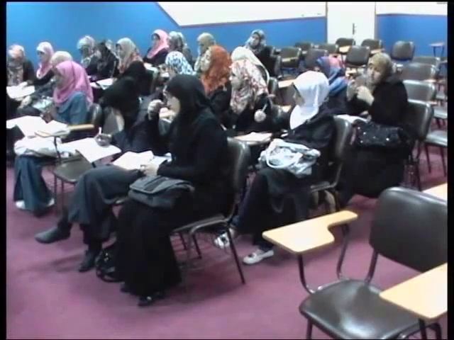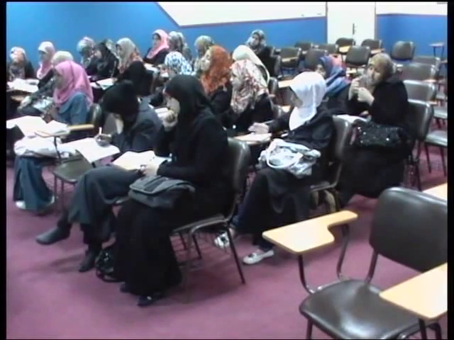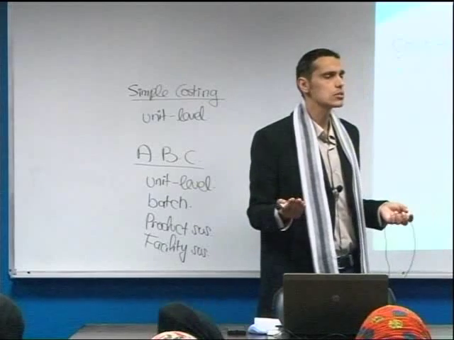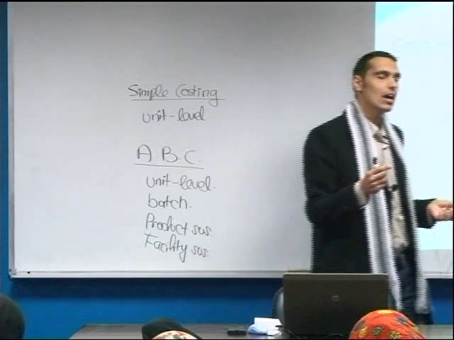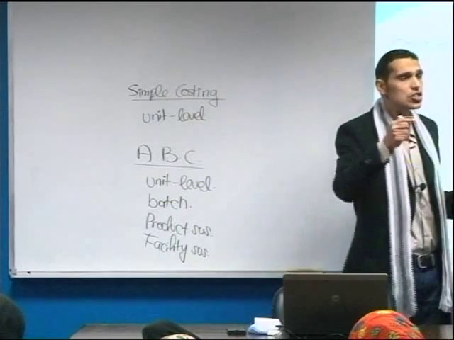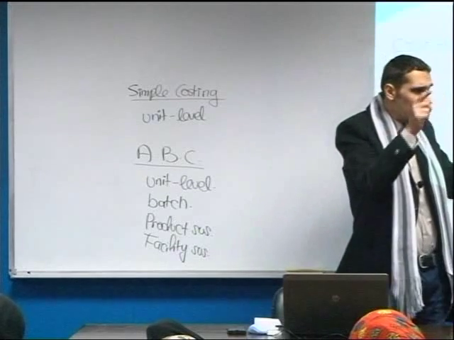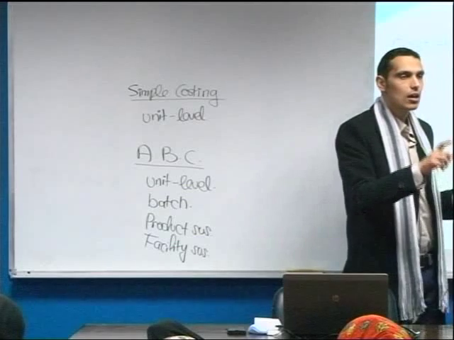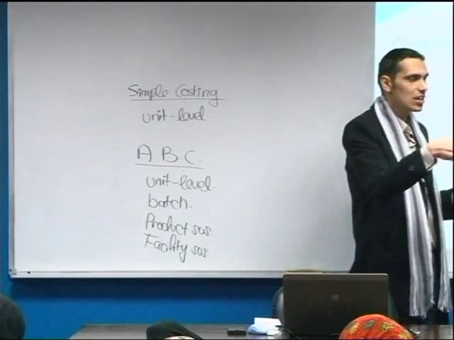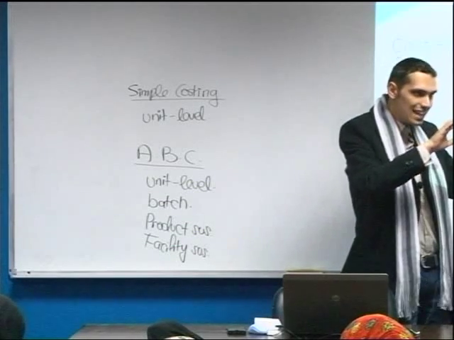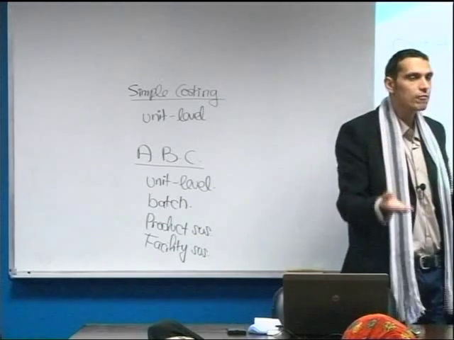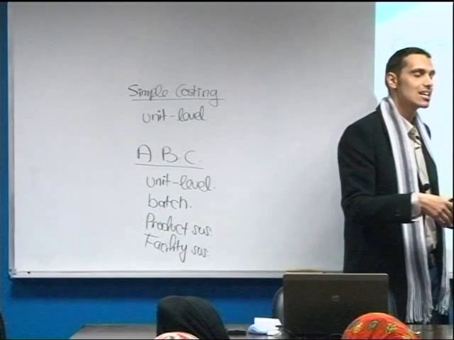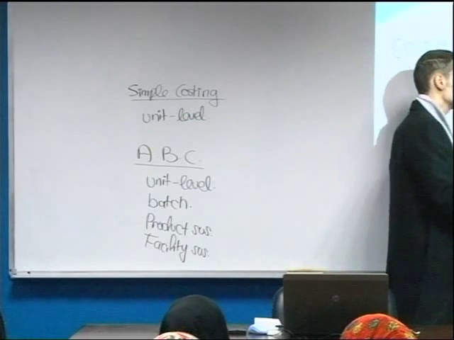Excellent. As we all know, we receive materials according to what? According to the purchase orders. And the purchase orders here are in batches, because, of course, we do not receive individual units one at a time. We receive a batch, a group of units, when we order a specific raw material, for instance.